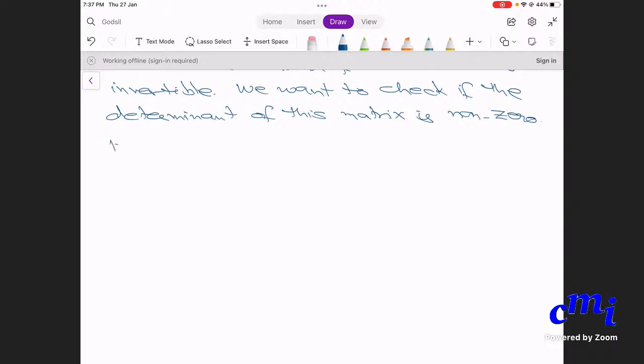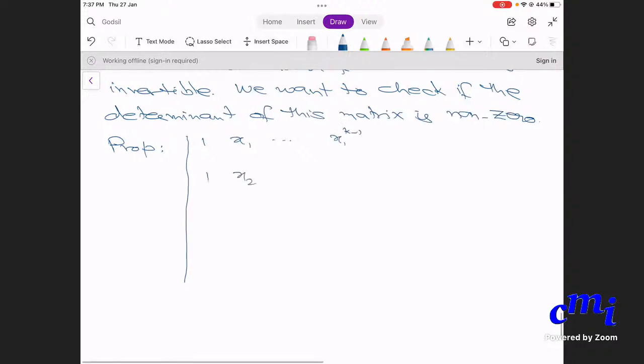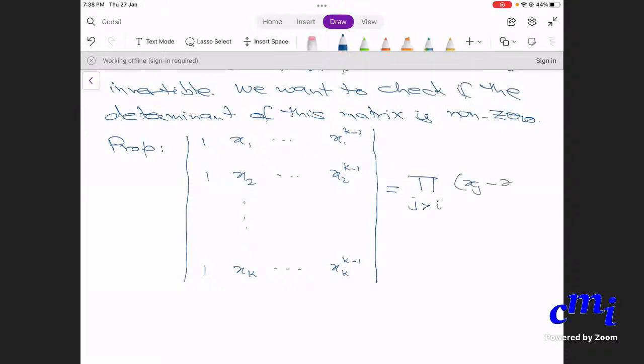Here is a proposition. The determinant of the matrix with rows 1, x1 up to x1 to the k minus 1, 1, x2 up to x2 to the k minus 1, up to 1, xk up to xk to the k minus 1 can be explicitly calculated, and it is the product over all j bigger than i of xj minus xi.